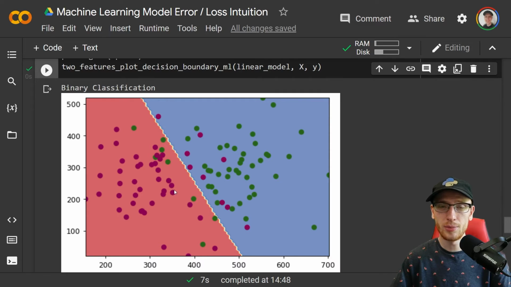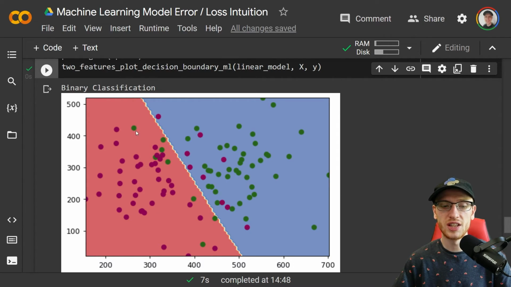Any point in red still represents that they were angry, and any point in green still represents they were happy. And the x-axis still represents their size of lunch in calories, and the y-axis still represents their size of breakfast in calories.